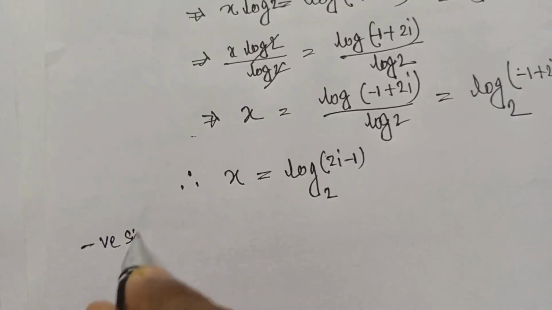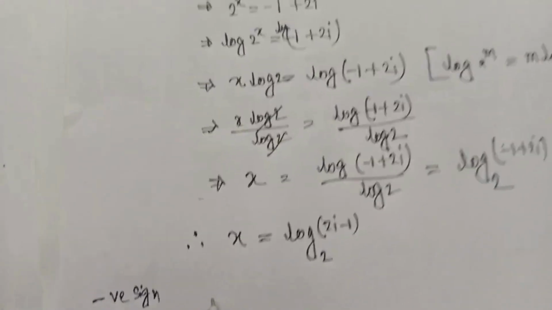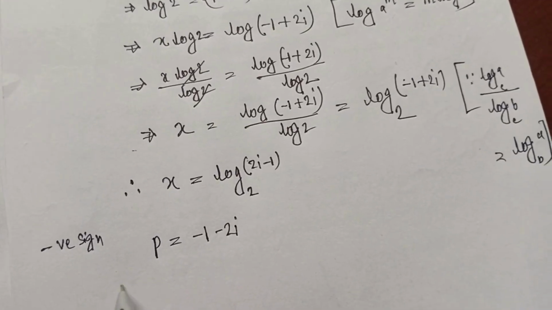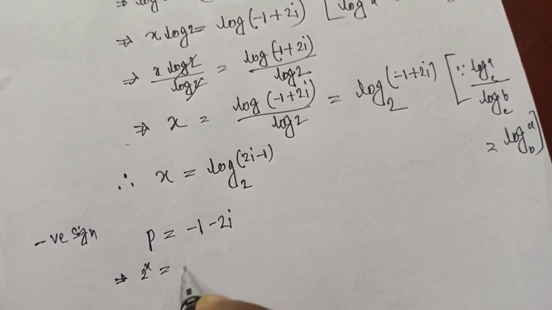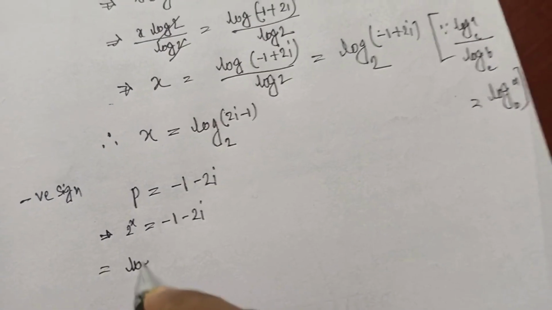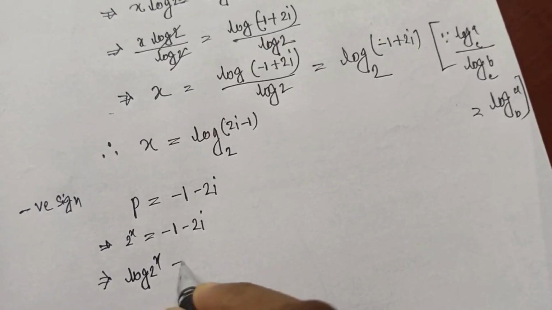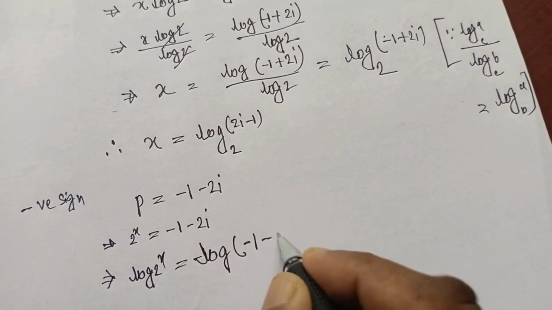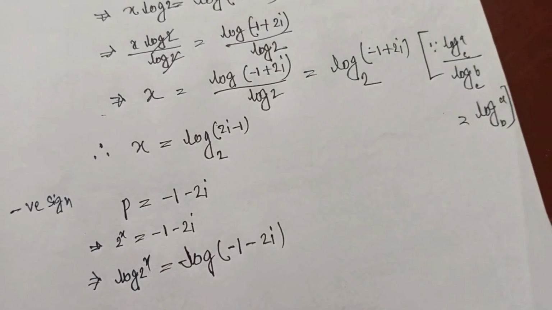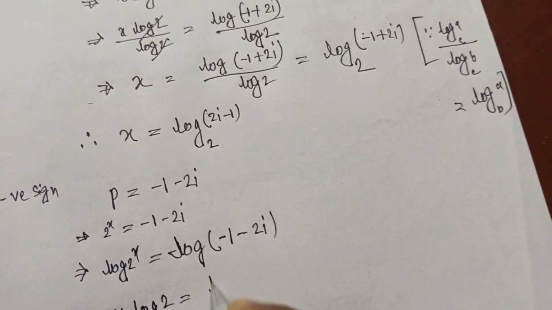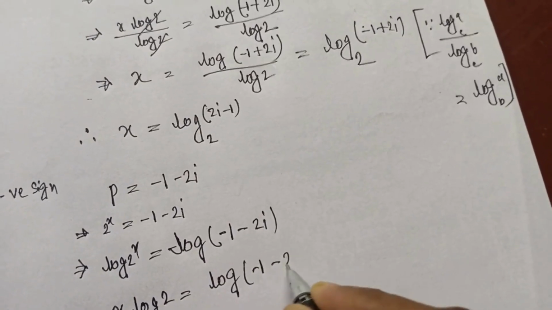If we take the minus sign, then p is equal to minus 1 minus 2i, that is 2 to the power x is equal to minus 1 minus 2i. If we take log both sides, x log 2 is equal to log of minus 1 minus 2i.